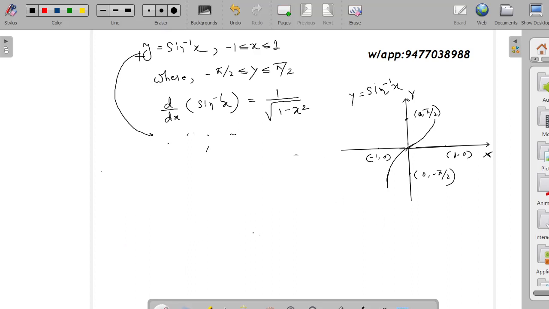Let me draw the graph of cos y. This is our y-axis.